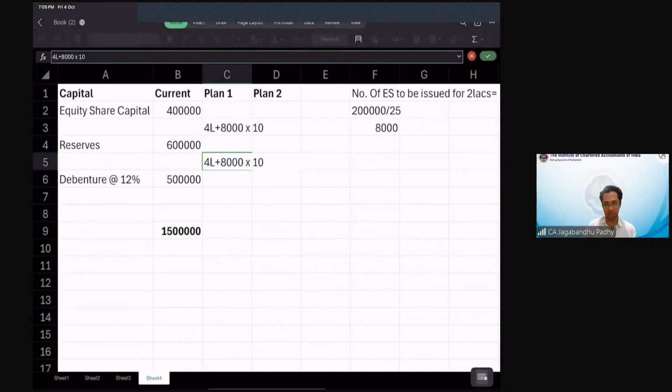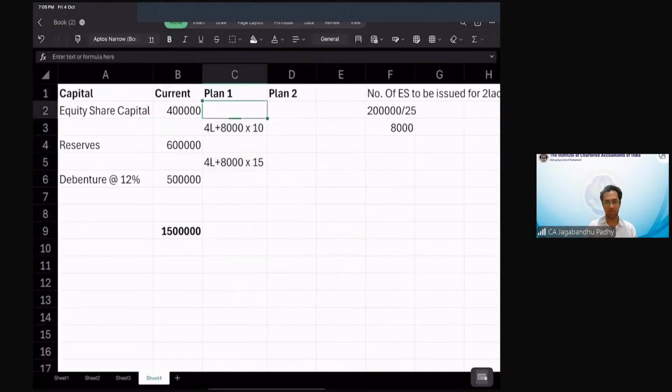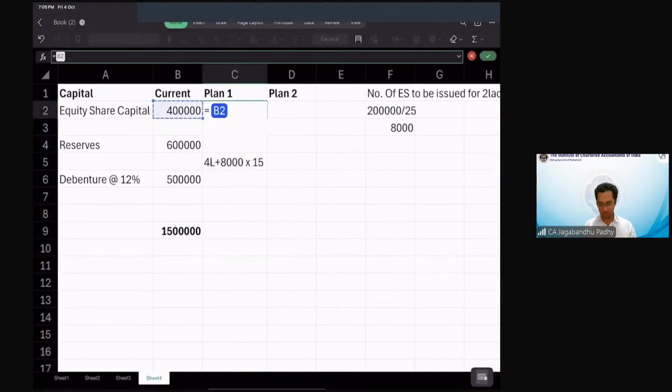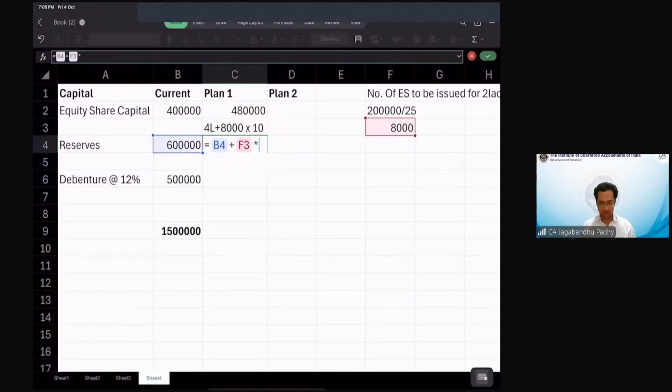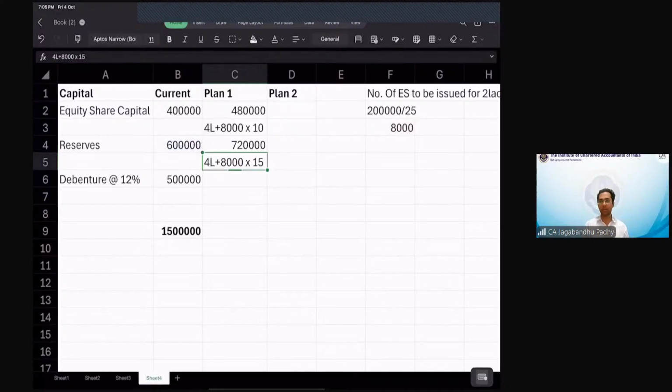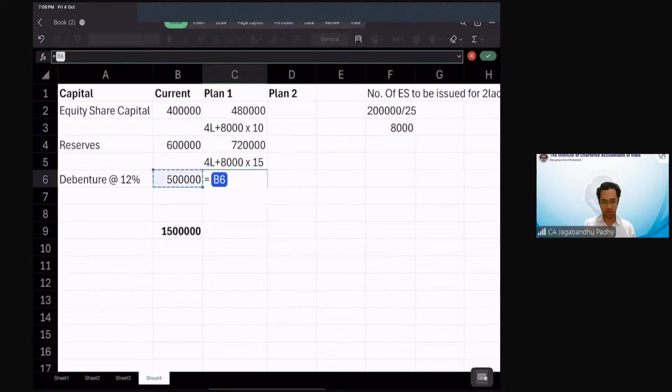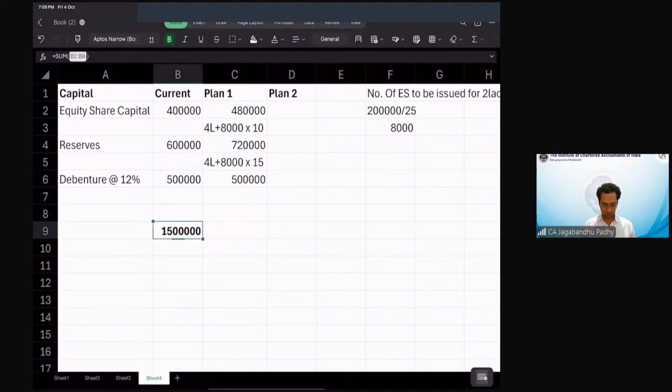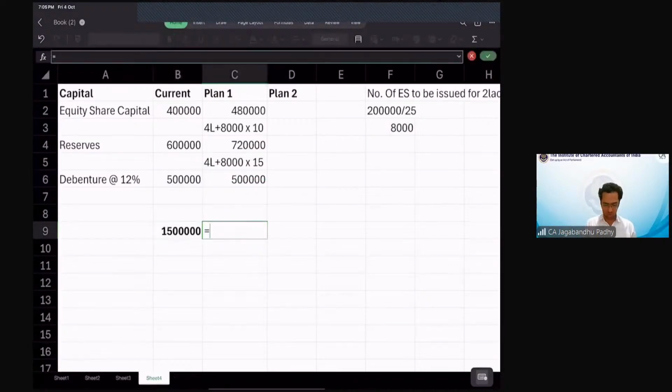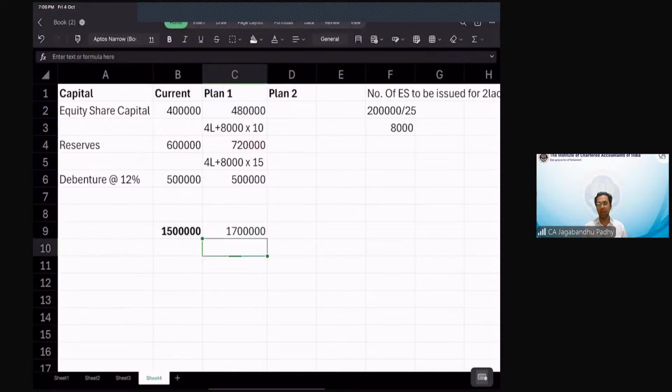This is going to be 8,000 multiplied by 15 because 15 is going to go to the reserves. So 4 lakh plus 8,000 into 10. And here it is 6 lakh plus 8,000 into 15. Of course, the debenture continues. So now the total capital employed will be 17 lakhs.